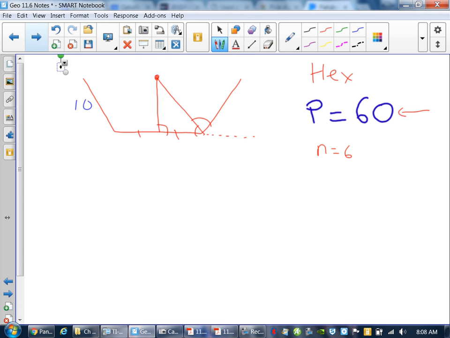Put your whole side here, your bisected amounts here, working around.